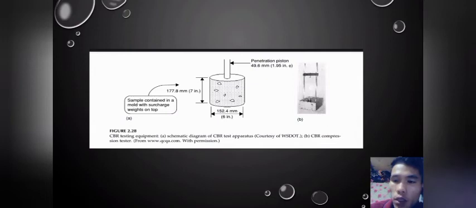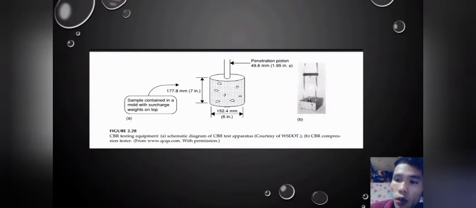So the size of the mold, the height is 177.8 mm or 7 inches, and the width of the mold is 152.4 mm or 6 inches, and the diameter of the penetration piston is 49.6 mm or 1.95 inches. And the letter B is the picture of the CBR compression tester.